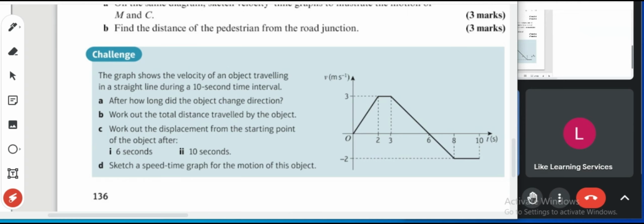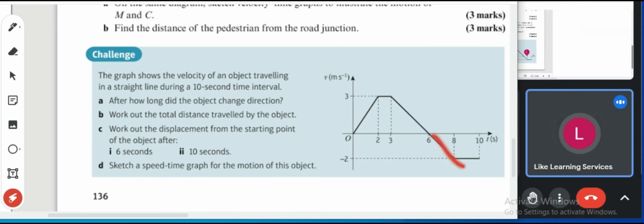After 6 seconds. Beautiful, after 6 seconds. Because for a velocity against time graph, to change direction, it has to now be under the time axis.